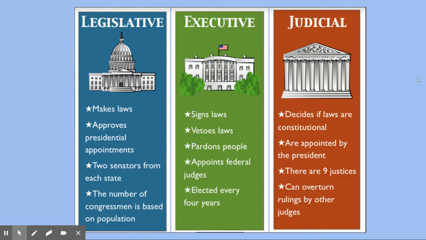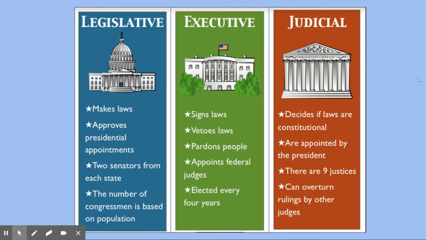In Congress, we have what's known as a bicameral situation, meaning that there are two houses in Congress, our House of Representatives and our Senate. The legislative branch's job is to make the laws, to approve presidential appointments, like what is currently happening right now with the choice of the president to pick a new Supreme Court justice, as well as to ensure that they are representing our needs.